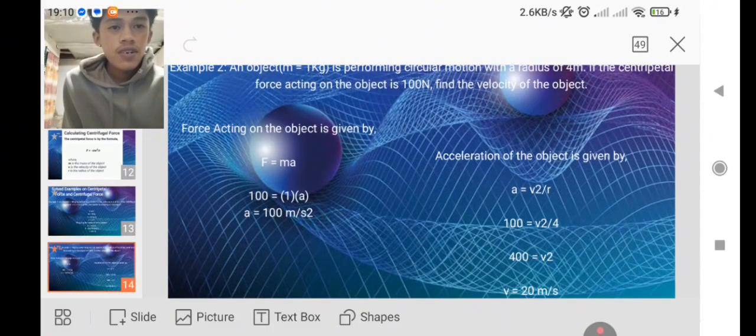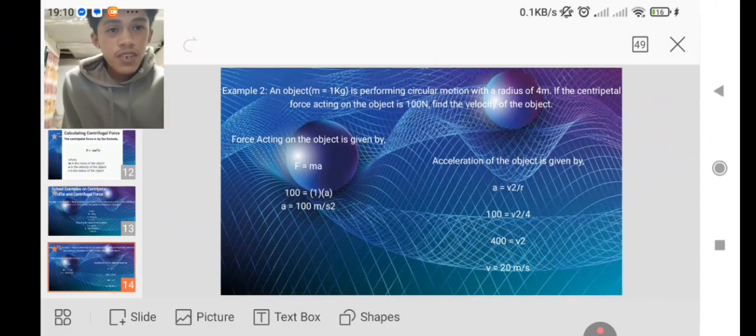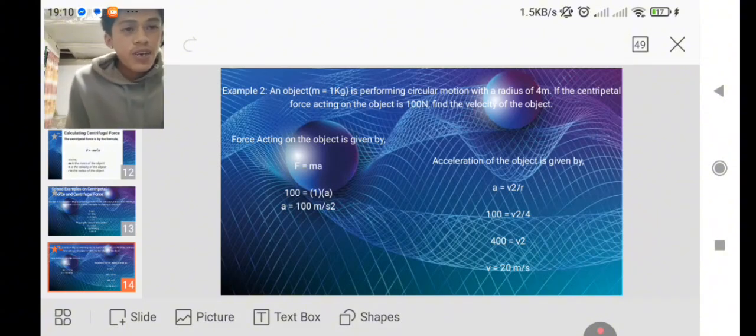So, another example. An object has a mass of 1 kilogram and is performing circular motion with a radius of 4 meters. If the centripetal force acting on the object is 100, find the velocity of the object.